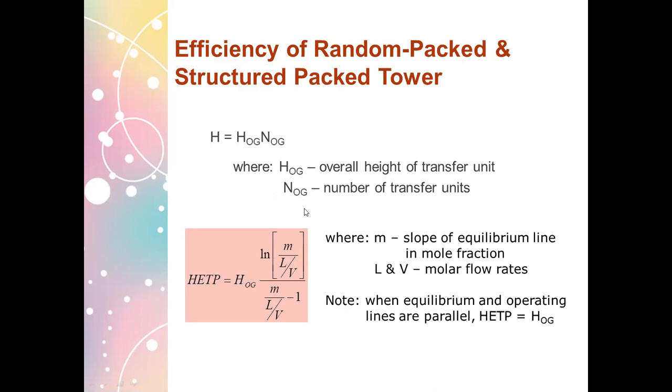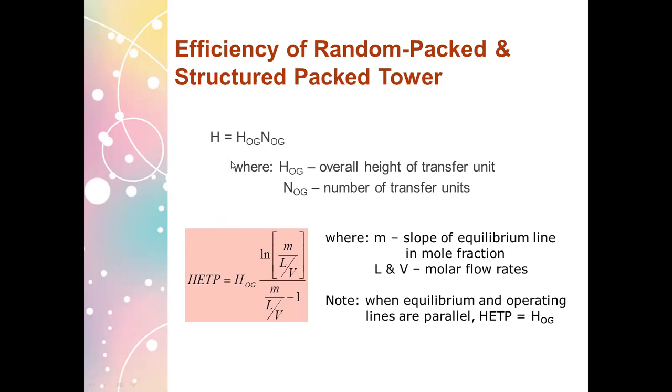It's just a case of using formulas that are dimensionally the same. So if you multiply an HOG, it would be to an NOG. You will not multiply an HOG to an N only. So they should be paired with each other. So HOG here is the overall height of the transfer unit, and NOG is the number of transfer units. If you multiply the two, that will give you the height of your column.